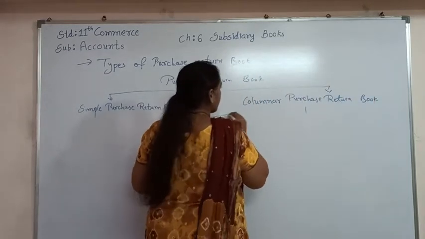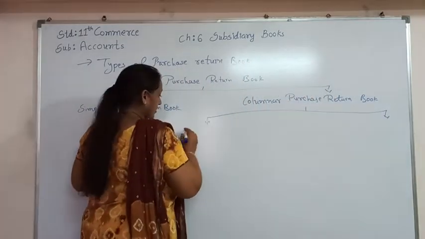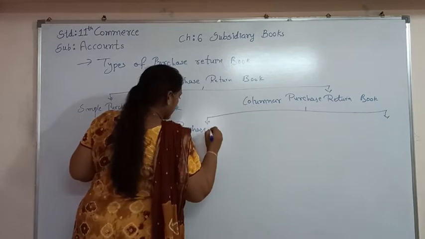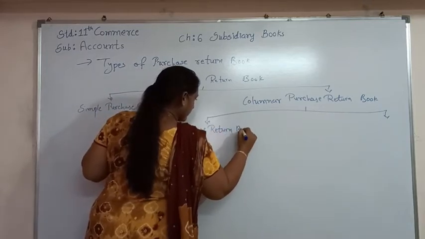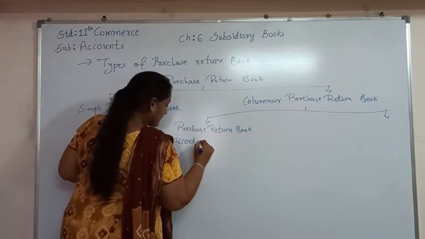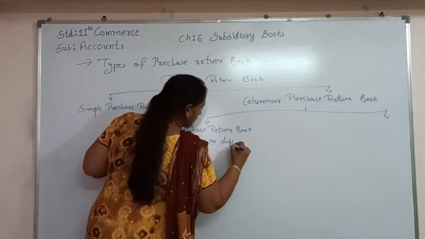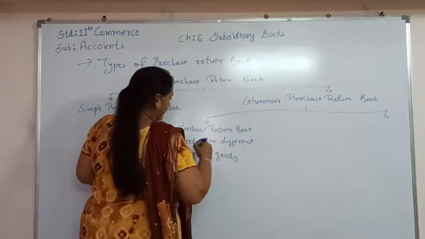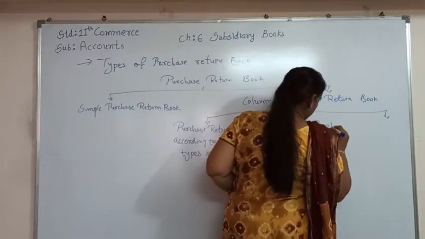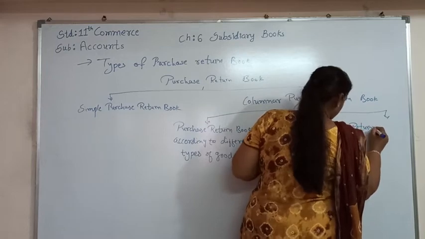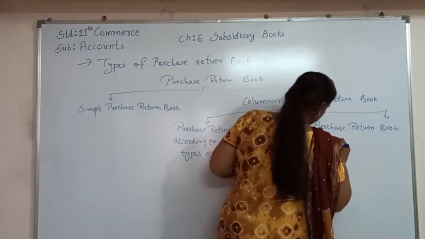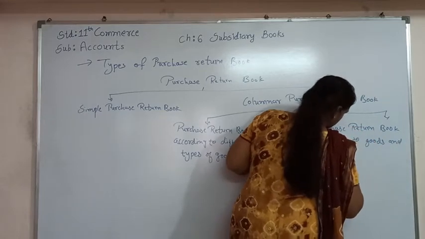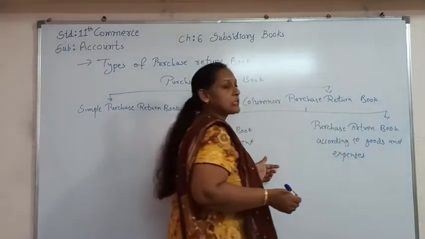And the columnar purchase return book is again divided into categories: purchase return book according to different types of goods, and purchase return book according to goods and expense. So these are the types of purchase return book.